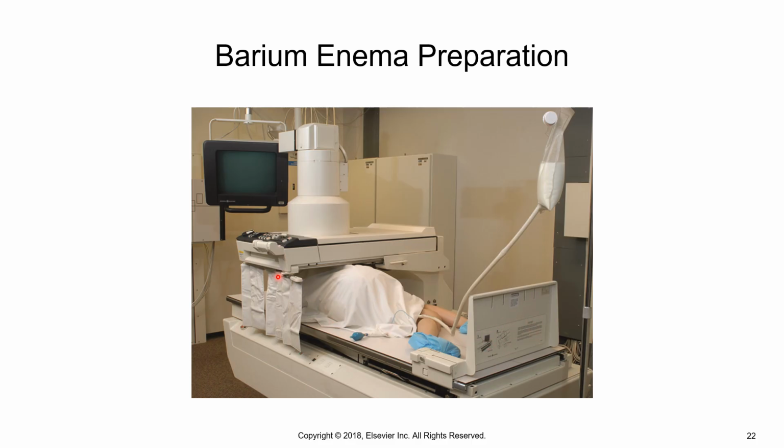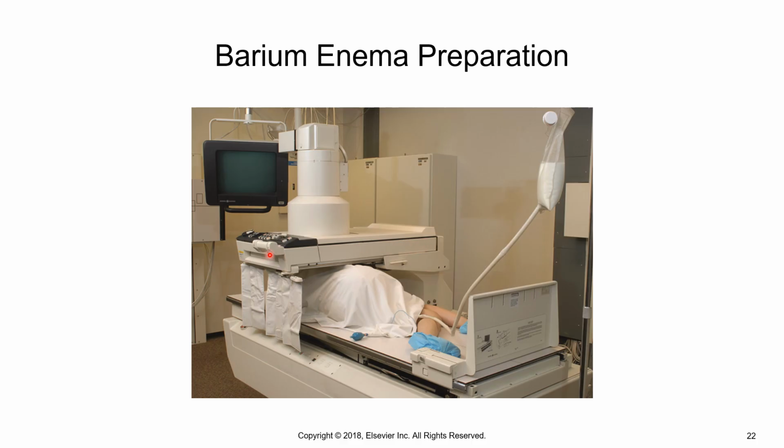You can see the patient is lying on their side. The enema tip is not really, but for the purpose of this picture, it would be inside the patient. This is a double contrast that they're showing you because that's the bulb syringe that we fill with air. You've got the barium bag on the IV pole, and we'll discuss the fact that it can be no more than 24 inches above the table, which is approximately 60 centimeters.